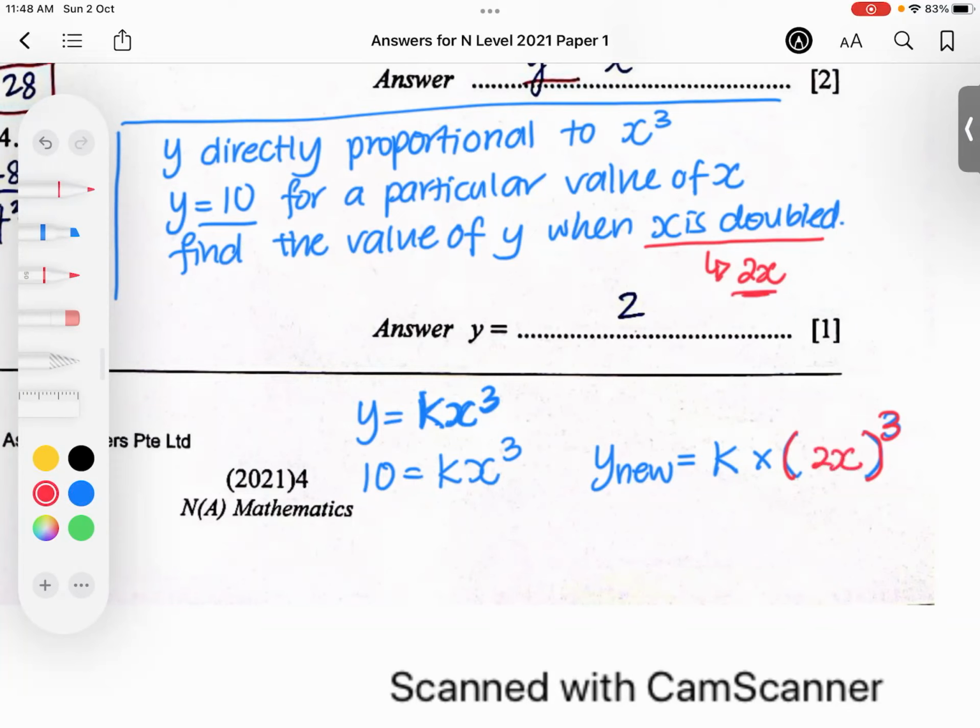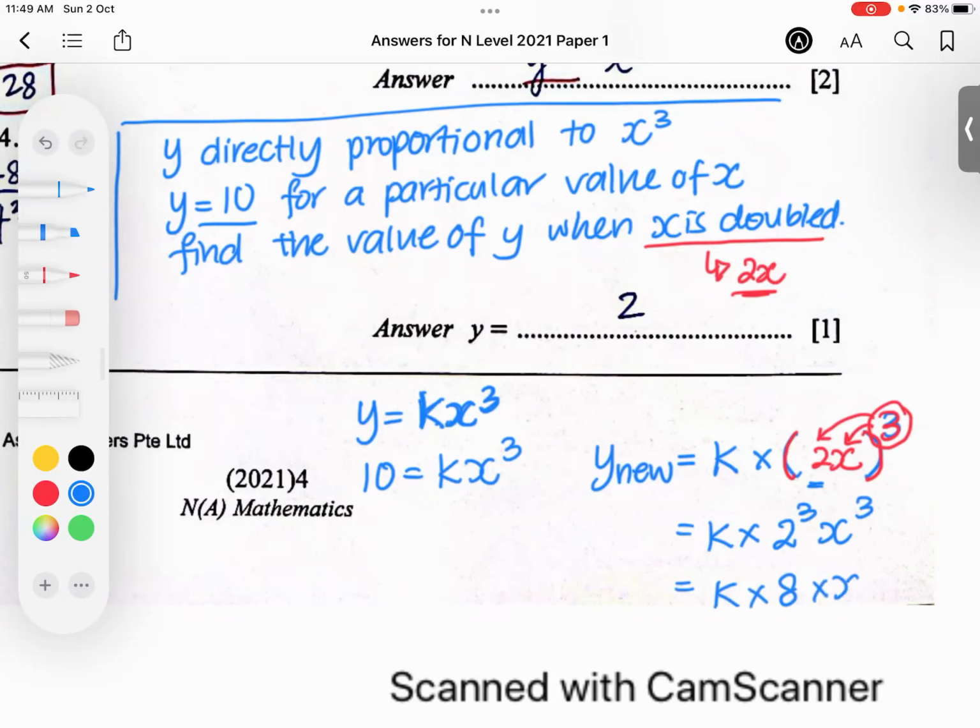So we compare the difference between this and without the bracket. If this is without the bracket, the cube is only for the x itself. You will forget to cube the 2, which is not correct. So in this case, you must make sure you have a bracket. Then this power 3, the cube, applies to the number 2 and the x as well. So you will get k times 2 cubed times x cubed. 2 cubed is actually 8.